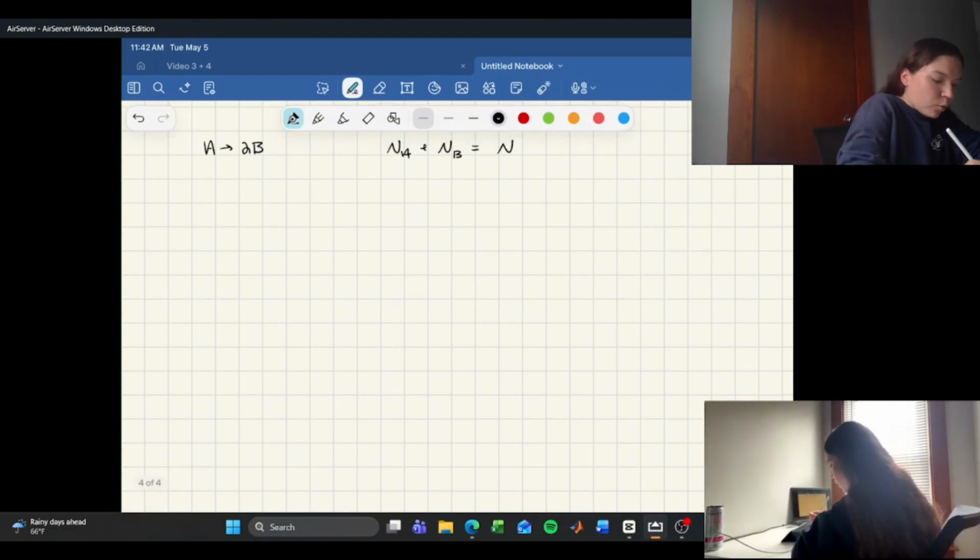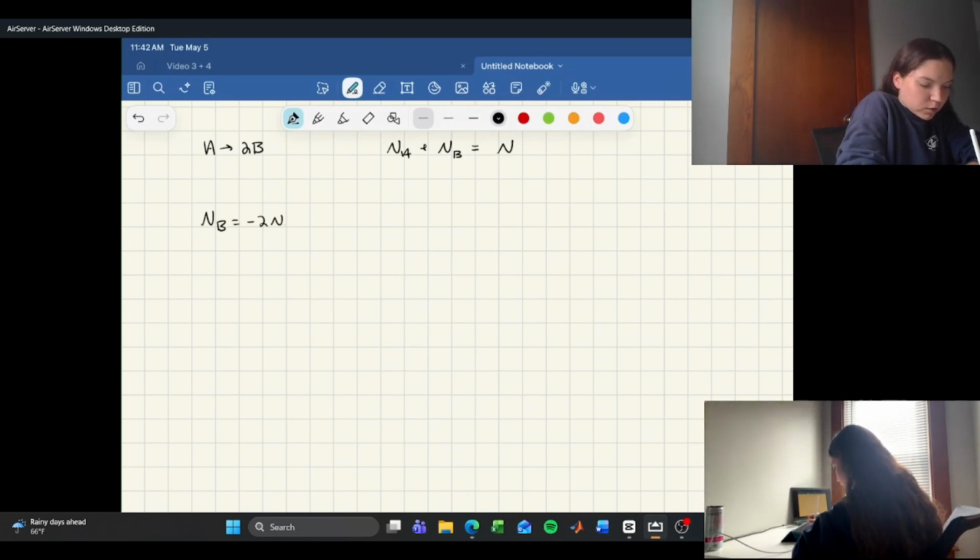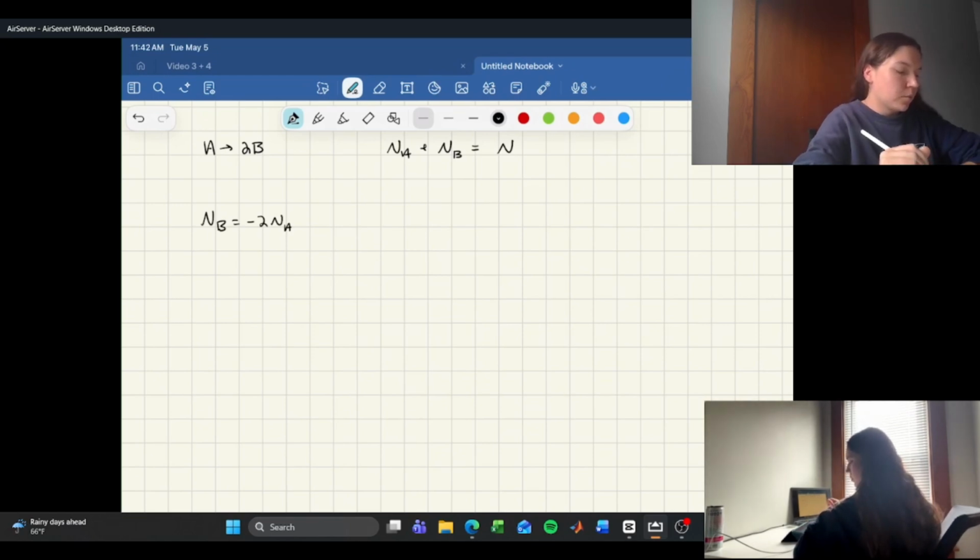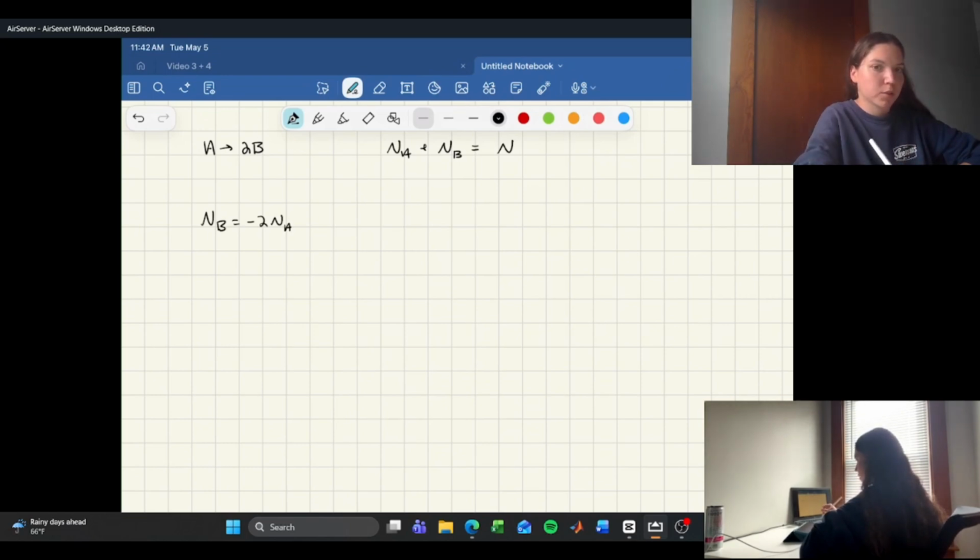So the molar flux of B is going to be equal to negative 2 times the molar flux of A, because to get 1 molar flux of B, you're going to have 2 molar flux of A in the opposite direction. So that's where the negative 2 is.